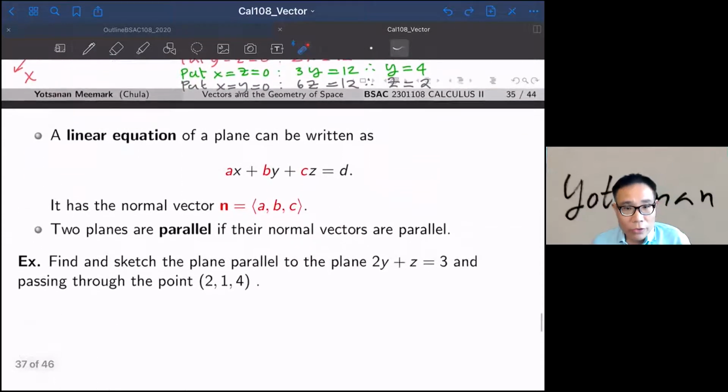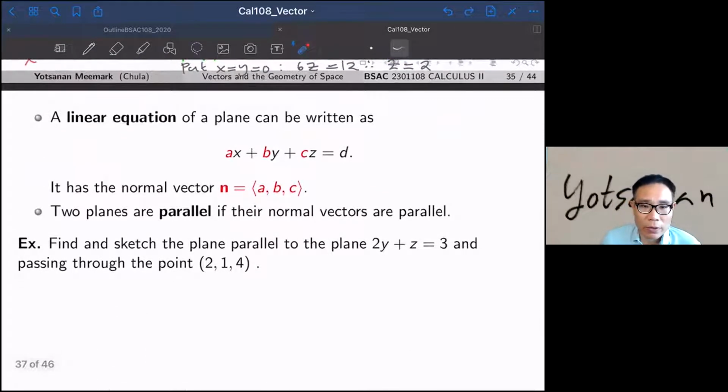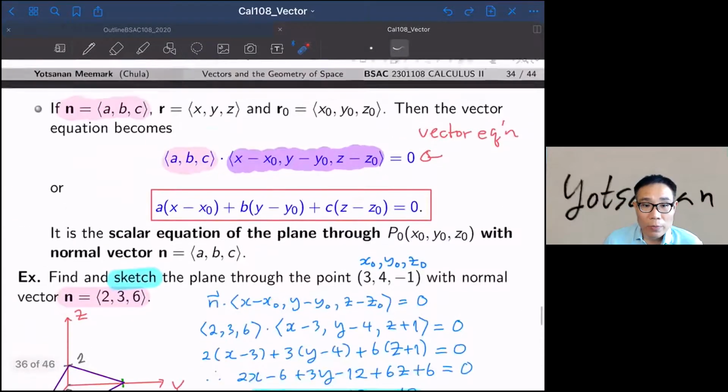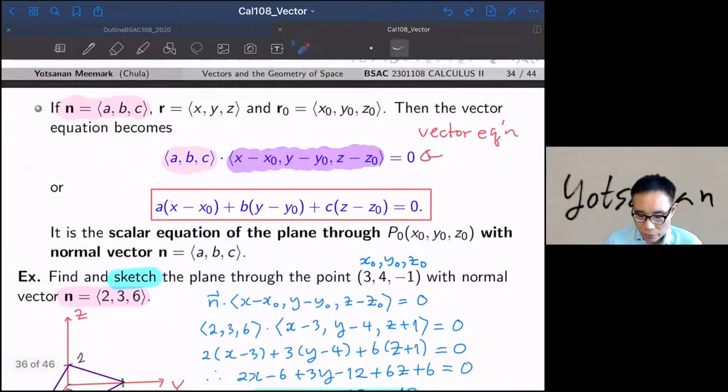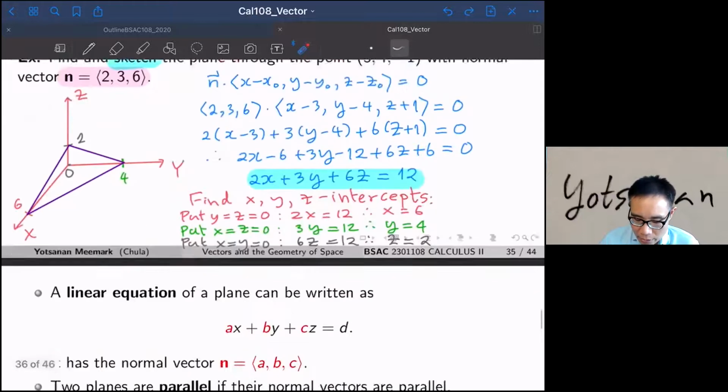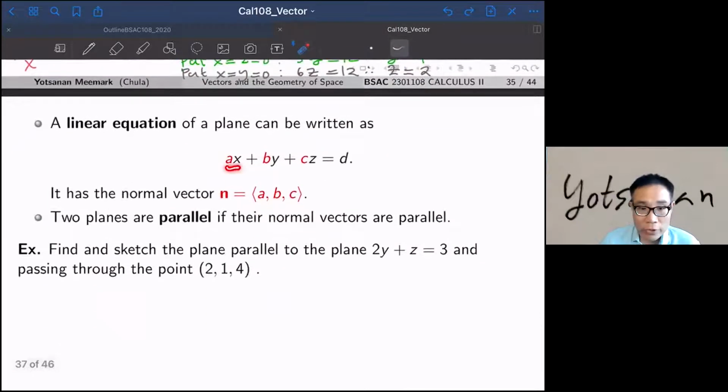Okay, so let me emphasize a little bit that after you have the vector equation, you see that when you multiply A to this parenthesis, B to this parenthesis, and C to this parenthesis, you would get A in front of X, B in front of Y, and C in front of Z. So that will give you the coefficients of the normal vector.